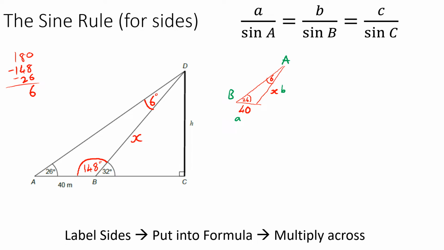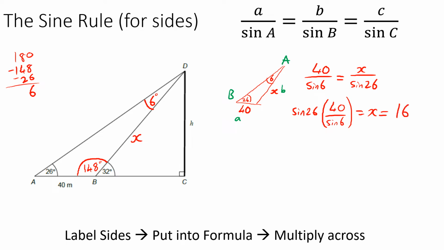So we've got 40 over sine 6, not 66, is equal to x over sine 26. We could multiply across by the sine 26. And we could say that's equal to x there. And we could get there that x is equal to 167.8.